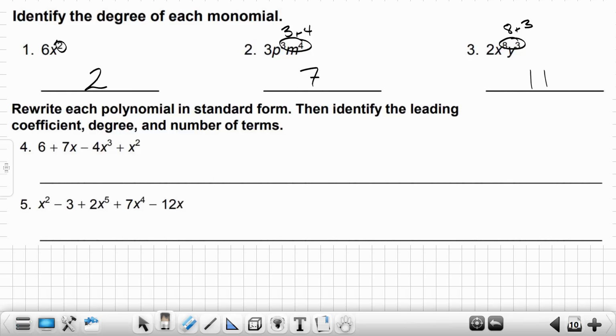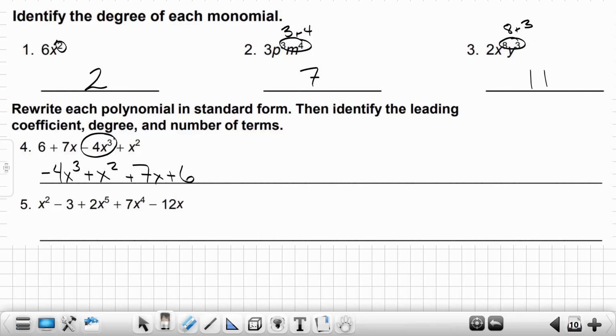So this is what we start with. What's the next highest? 2. What's the next highest? What do I end with? What do I put in front of the 6? Plus 6. That's a positive 6. All right, we've rewrote it in standard form.